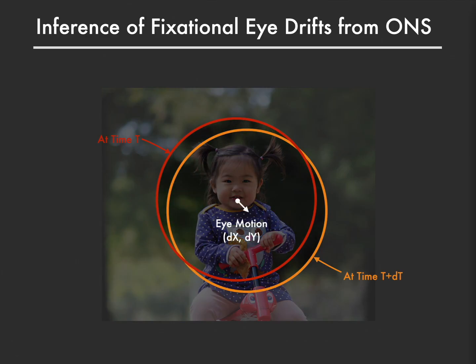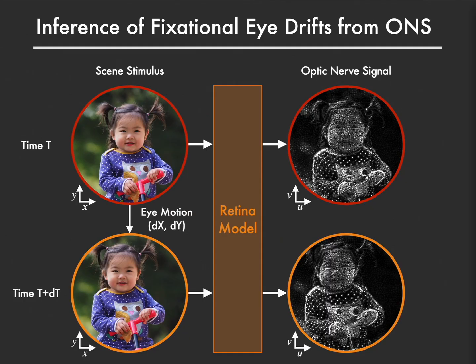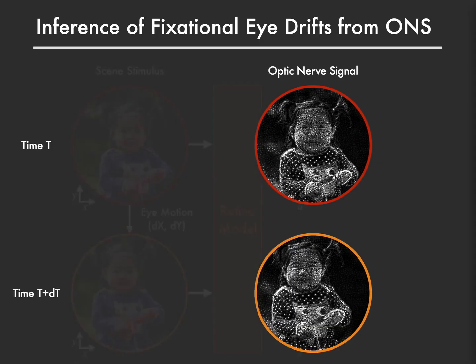We assume that this shift can be described as an eye motion dx dy, but our retina model makes the task quite complicated. Because of the foveation, you notice that spatial coordinate systems are different, xy versus uv.